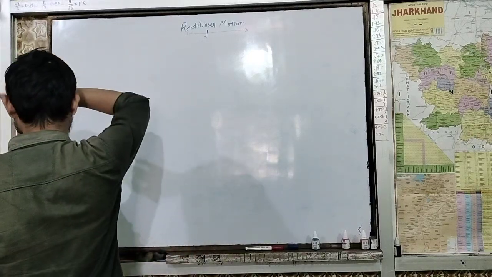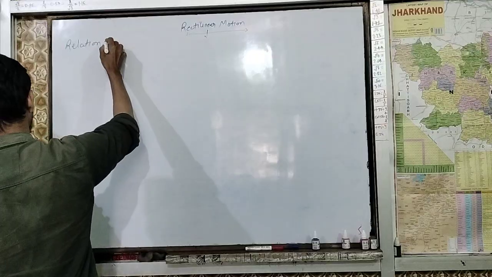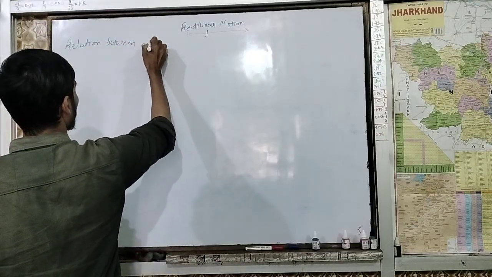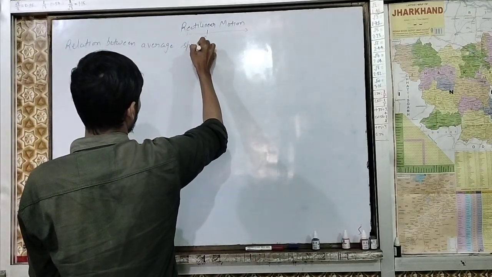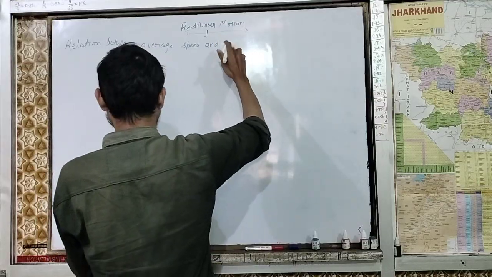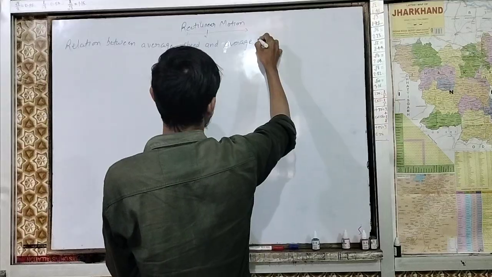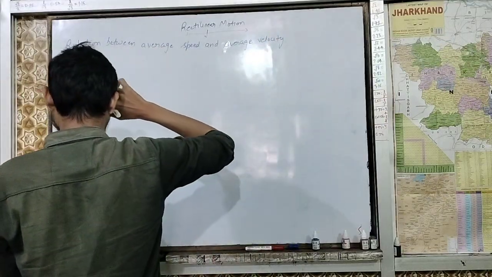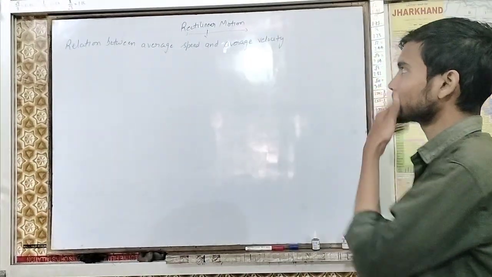Here it is saying a relation between average speed and average velocity. What would be the relation between average speed and average velocity?